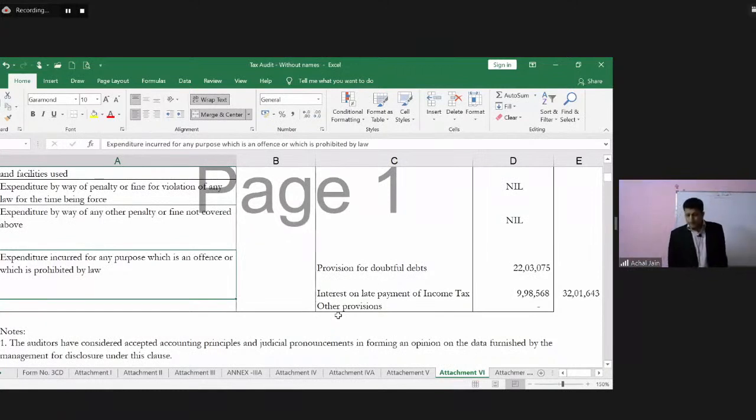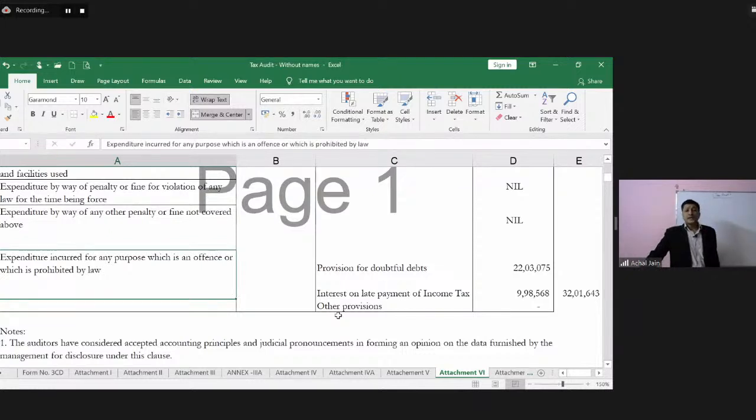Now in this respect, the auditor will do the scrutiny of expenses. Scrutiny of expenses means the auditor will scrutinize the ledgers. Some of the ledgers which he can scrutinize could be related to taxes. Generally, you see some account codes, rates and taxes.